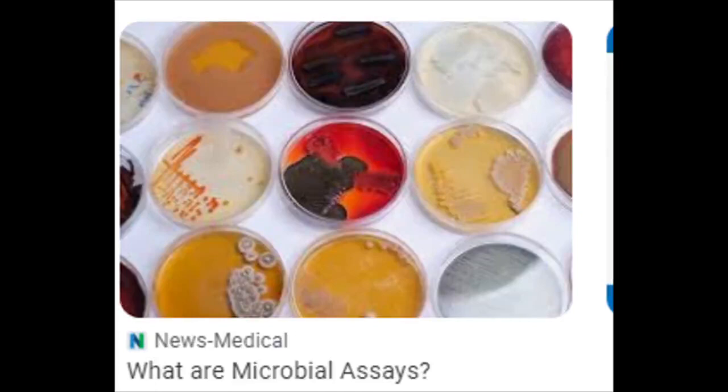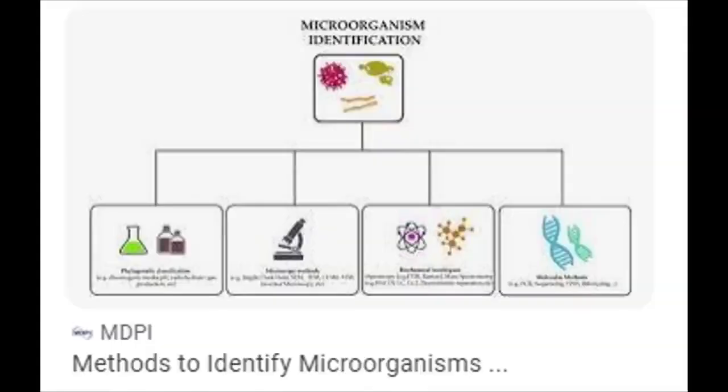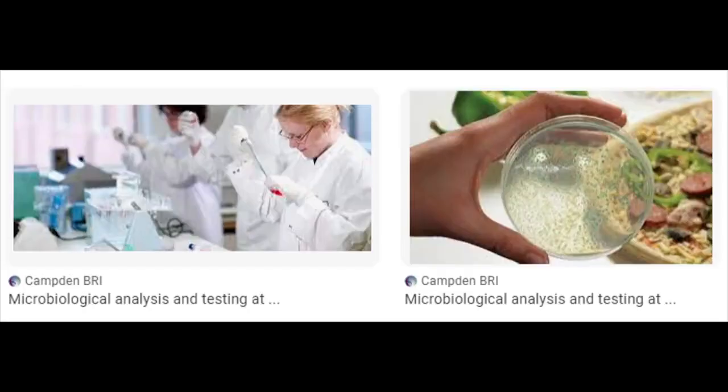The reason why we use indicator organisms is because most of the time it is difficult to test for the pathogen itself, because the pathogen is in the food. It's difficult to test for the pathogen or the spoilage organism in the food. The detection process is difficult, it's laborious. But the detection process for the indicator is not laborious.